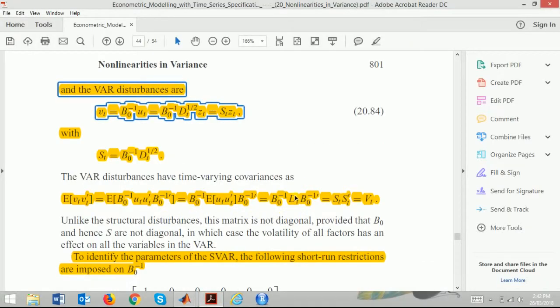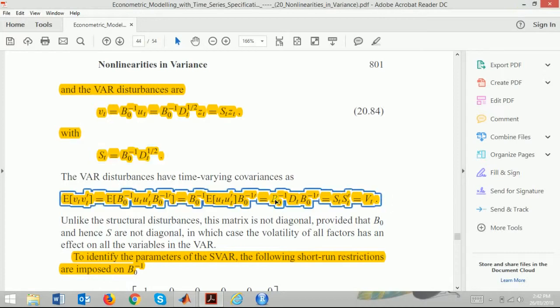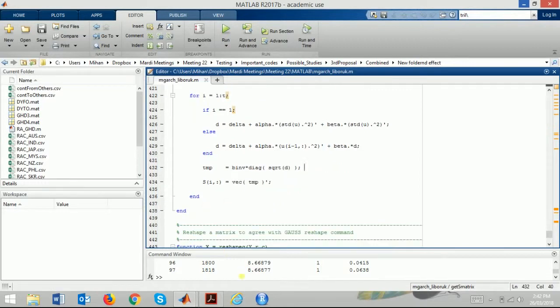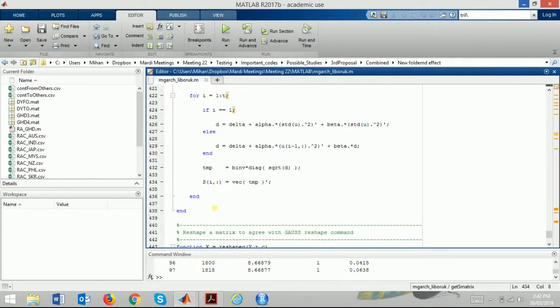There you go, S matrix. Previously we were talking about this part, now we are talking about this part. So S now for i, Si, the matrix, i rows all columns, is vectorization of TMP.